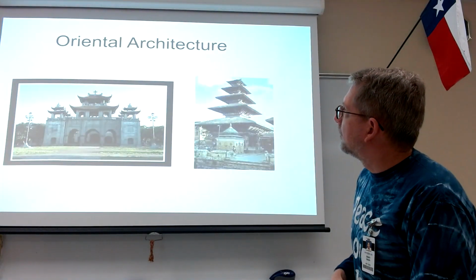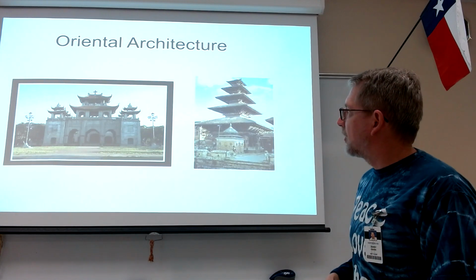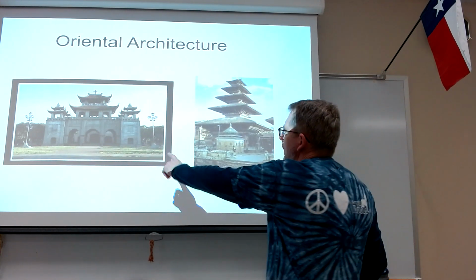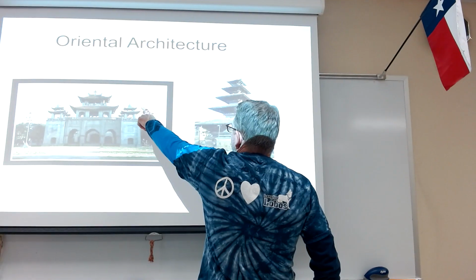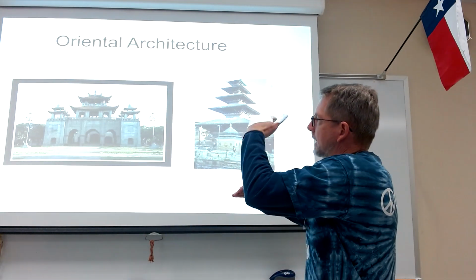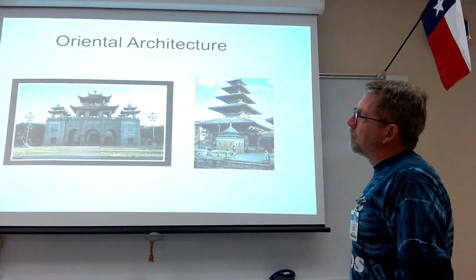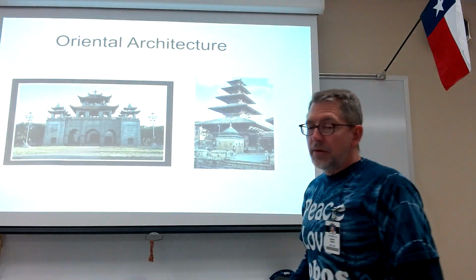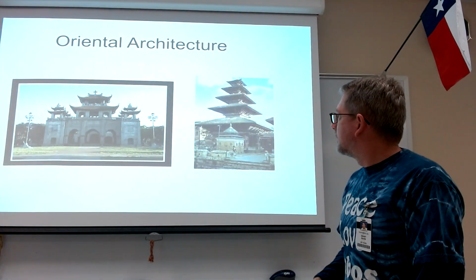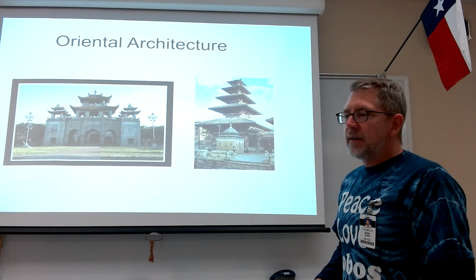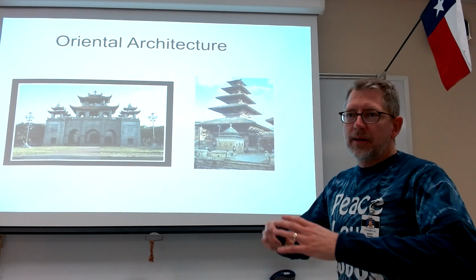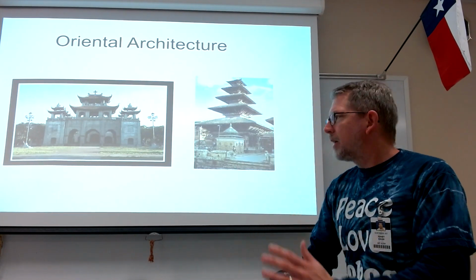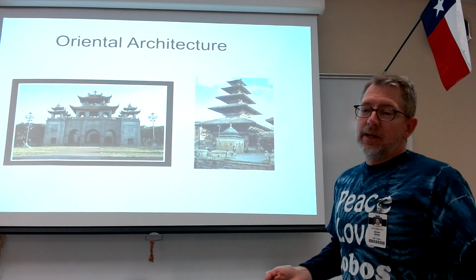Here's some of the Oriental style architecture. You'll notice a lot of roofs go up to points. They like to stack different floors on top of each other. They do a lot of detail work. Instead of knocking down all the trees in an area, a lot of times they will build it into the area, which I think is a great idea.